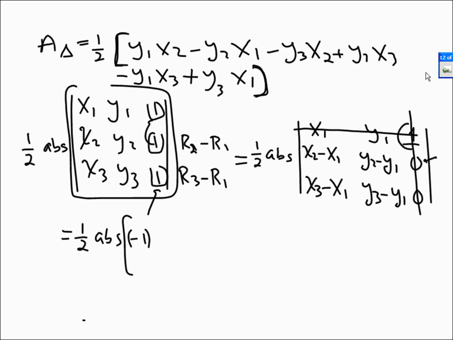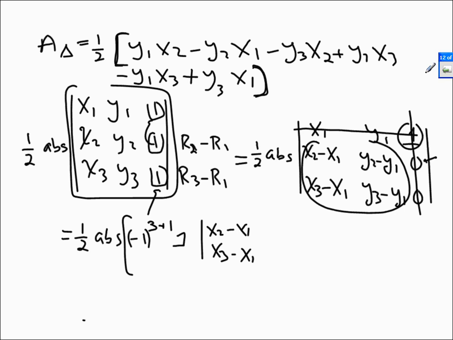The number that was crossed off twice is in the third column, first row. I meant to write 1 plus 3, but addition does commute. That number that got crossed off is a 1, and the remaining determinant is just this: x2 minus x1, x3 minus x1, y2 minus y1, y3 minus y1.